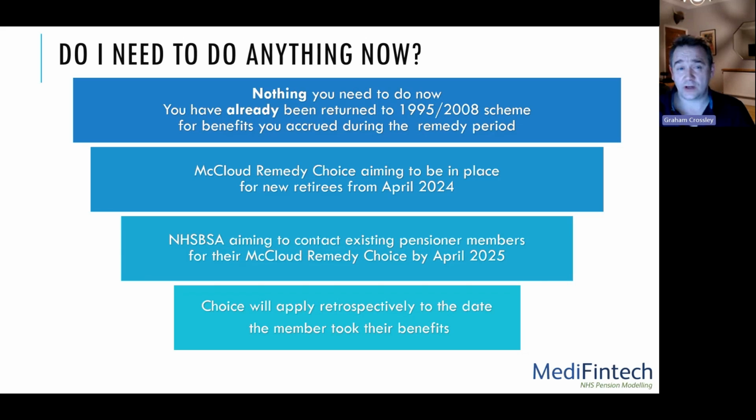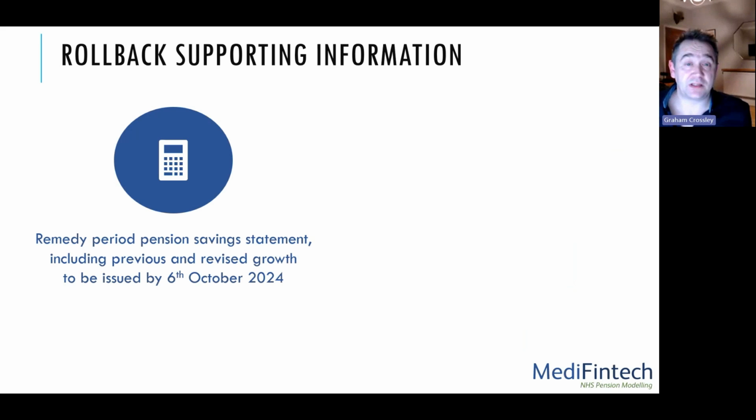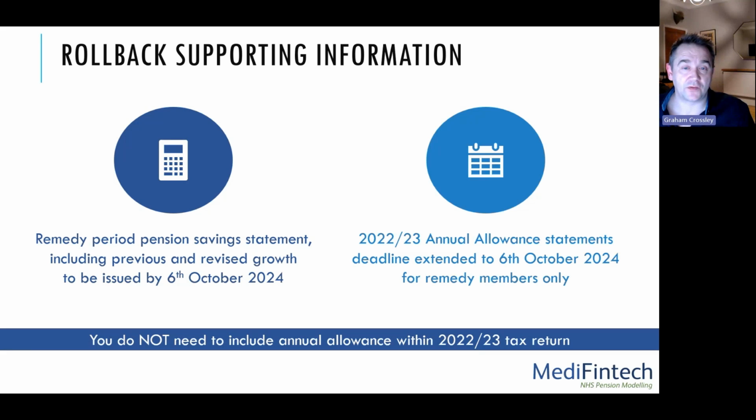But if this is you and you are in that situation, then don't worry, your choice will apply retrospectively and it's going to be backdated to the date that you took your pension benefits. There will be some supporting information. You're going to get these remedy period saving statements that show the pension growth both before and after, and these should be issued by the 6th of October of this year. You'll also get the delayed 22-23 annual allowance statements by October this year as well.